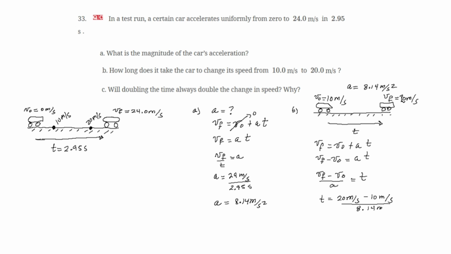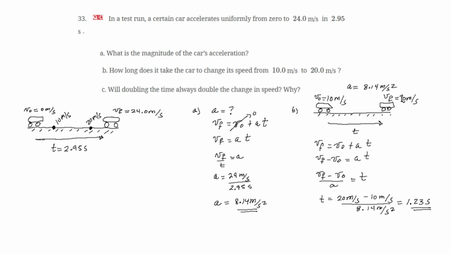And then we analyze the time that it takes the car to go from this point where it's moving at 10 meters per second to the point when it's moving at 20 meters per second. This time is 1.23 seconds.